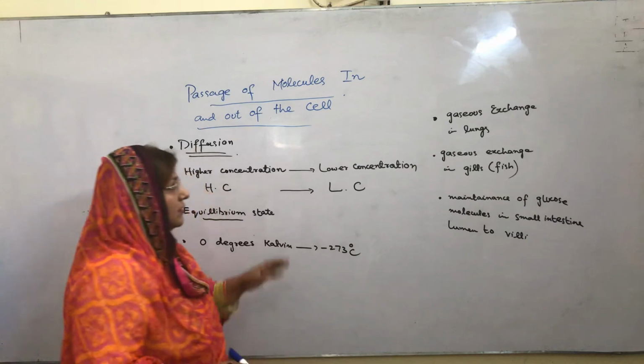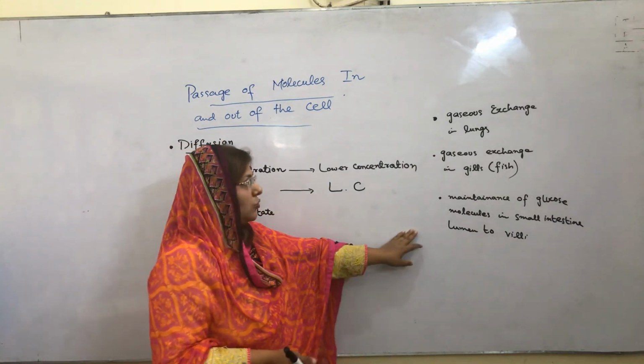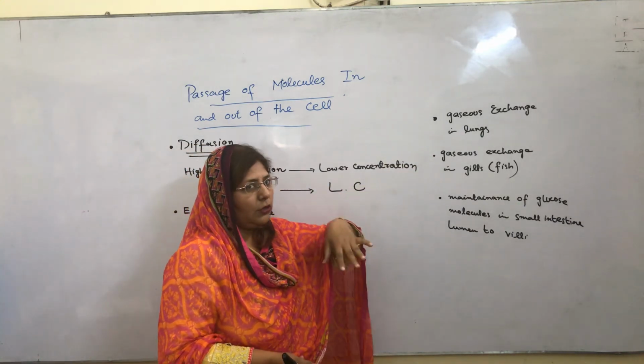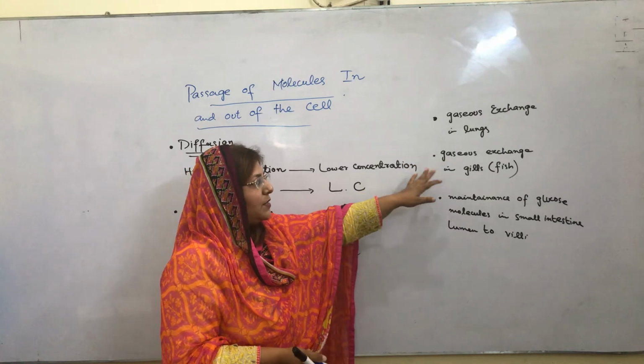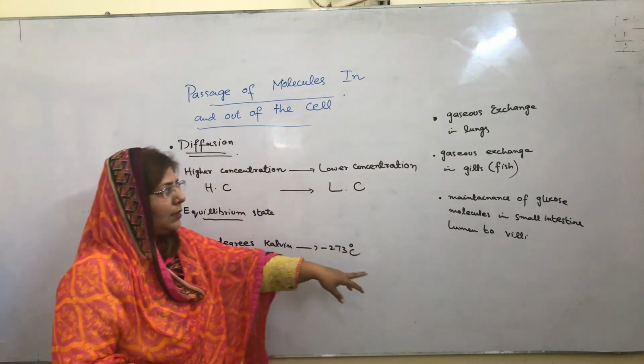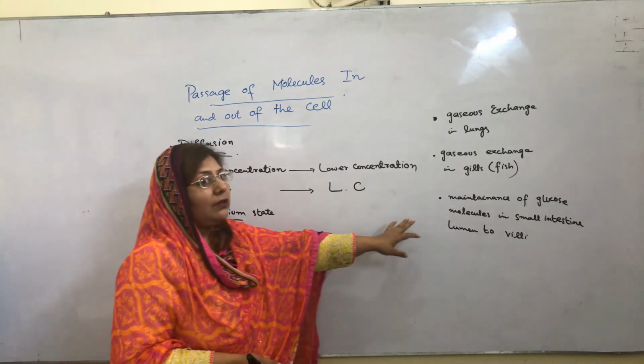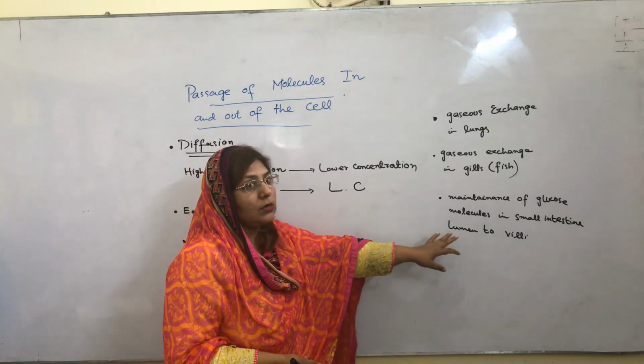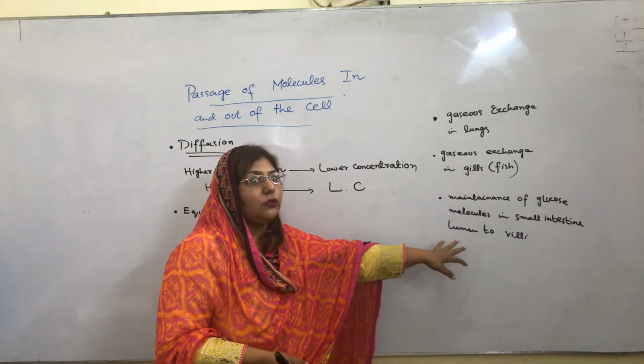So this is the importance of diffusion. It helps in gaseous exchange in the human body in the lungs, it helps in gaseous exchange in the fish in the gills, and it also maintains the level of glucose molecules in the small intestine lumen to villi.